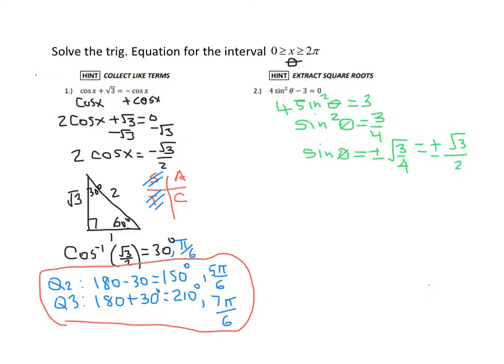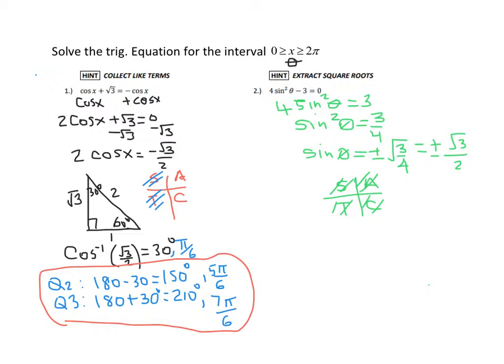So now I see I could still use my triangle here to find the answer. What I see here is it's plus or minus. So remember all students take calculus. Because it is positive and negative, it's going to be in all 4 quadrants.